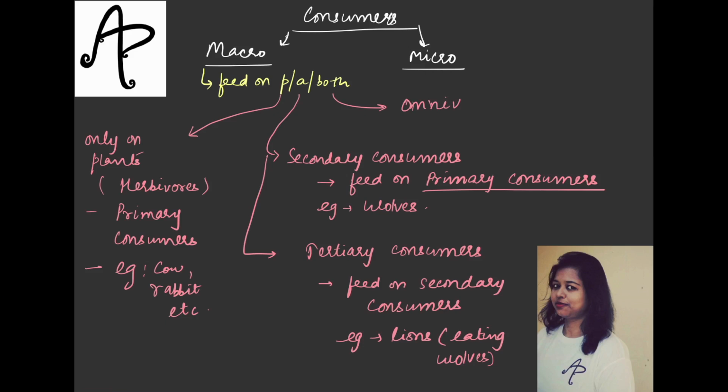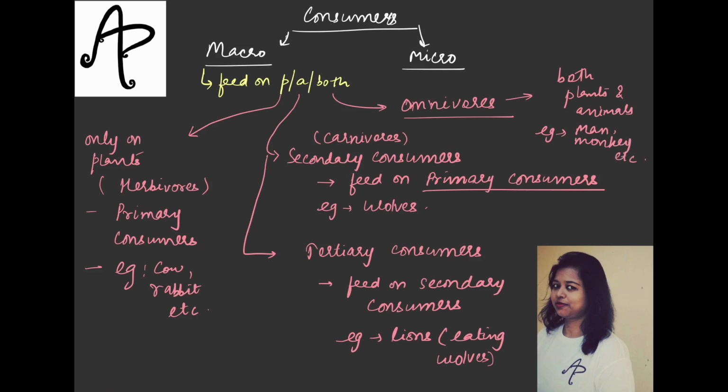So we have your herbivores, and the secondary and the tertiary consumers are also called as carnivores. And then here we have the omnivores which will eat both plants and animals. For example, man, monkey, etc.